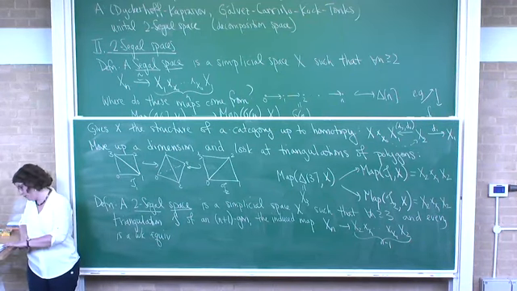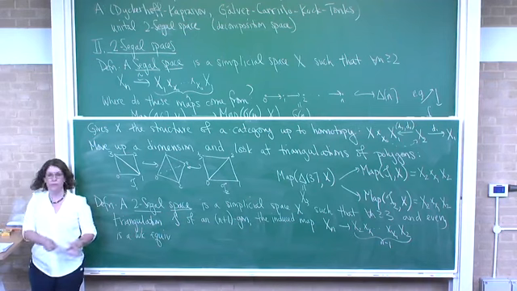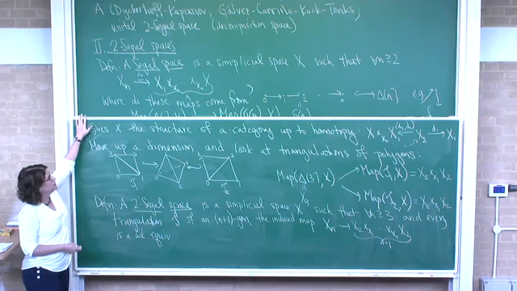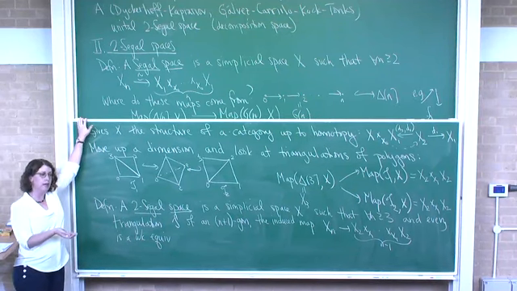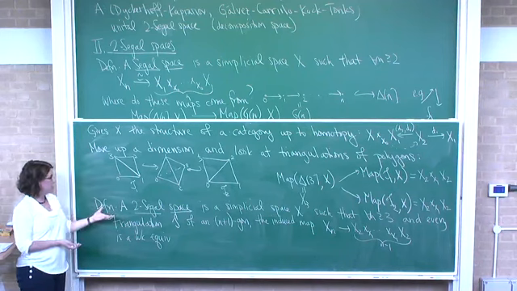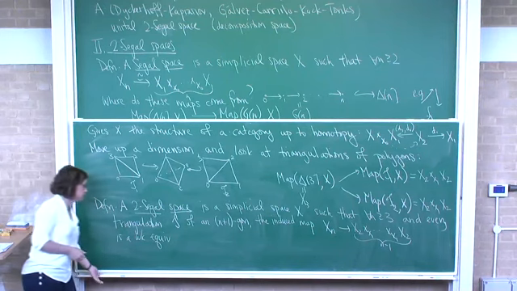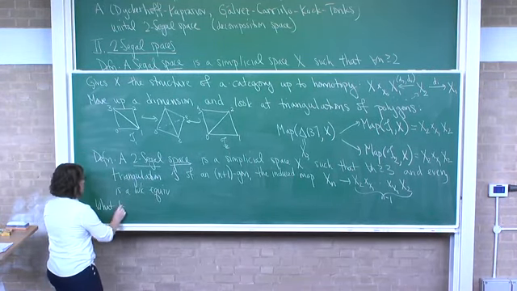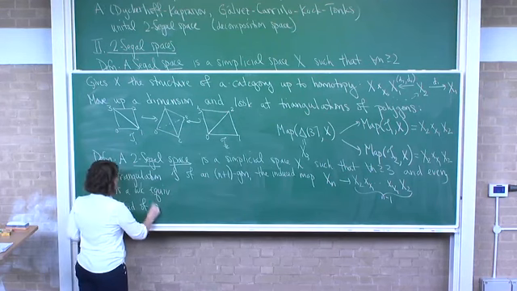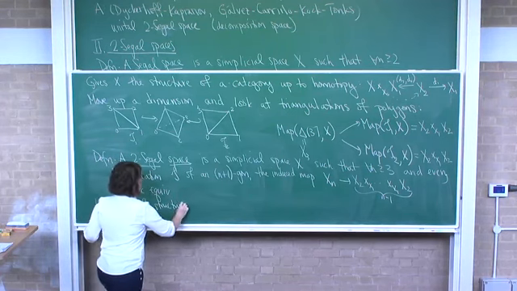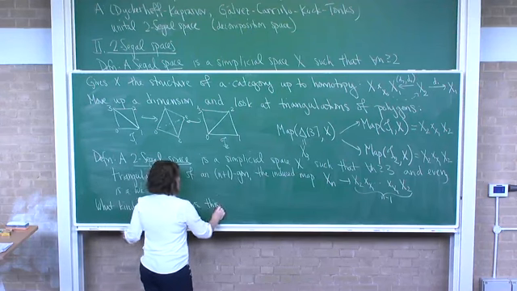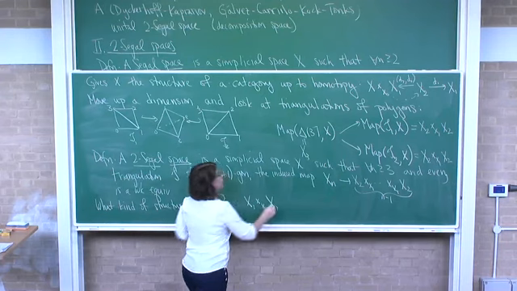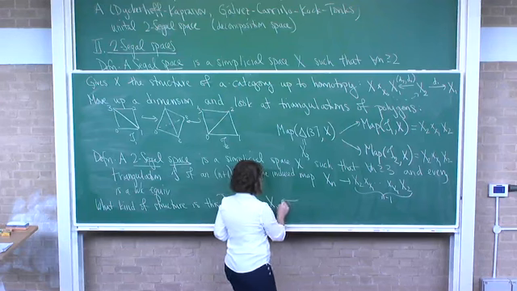But then you can ask: if a Segal space looks like something that behaves like a category, how should I think of the structure of a two-Segal space? Well, let's look at the same kind of diagram as we had up here.